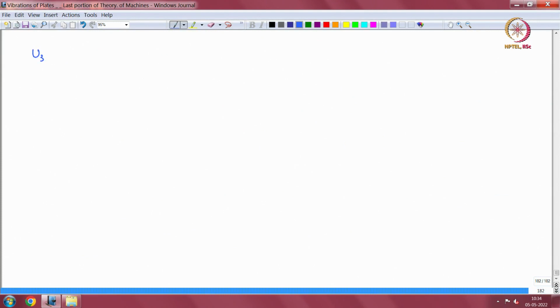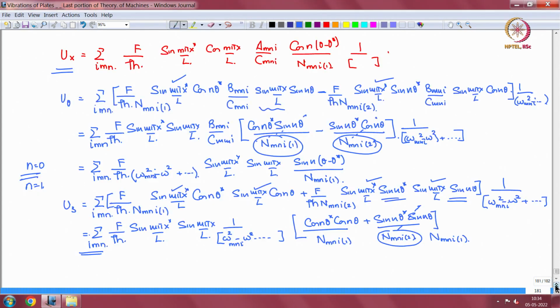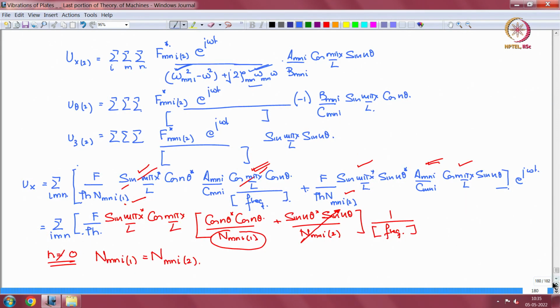So the result is u3 of x, theta, t. I have not been putting the temporal term, which is a mistake, so there has to be e to the power j omega t everywhere.